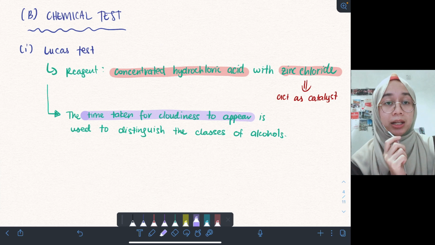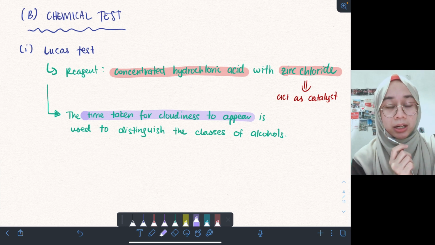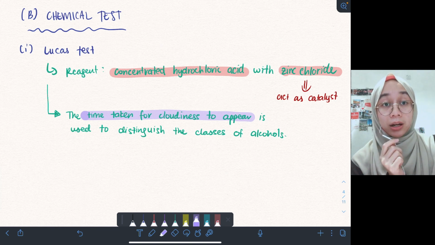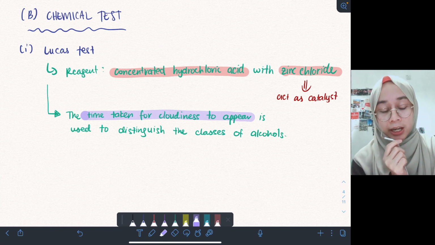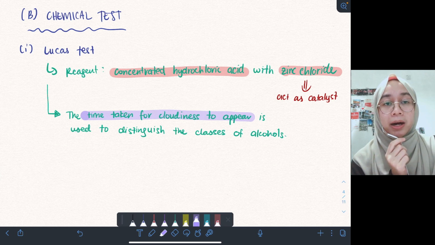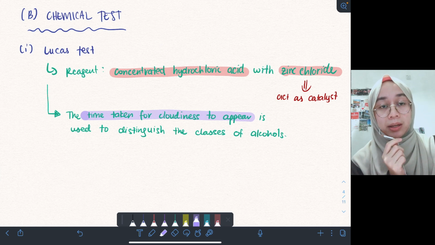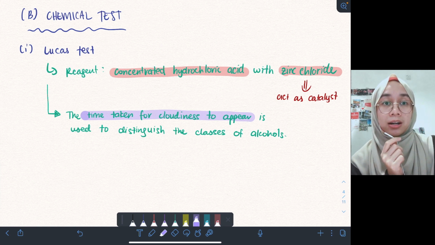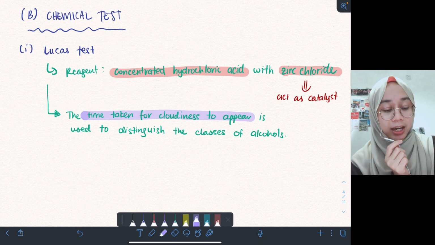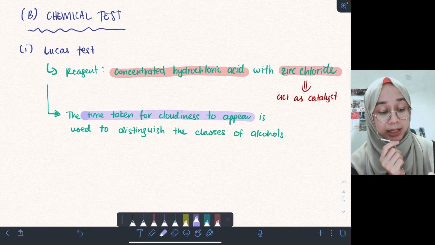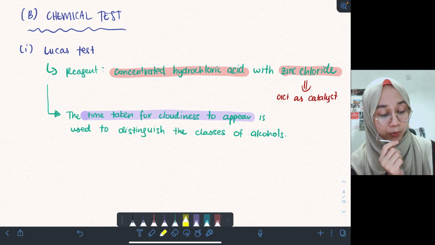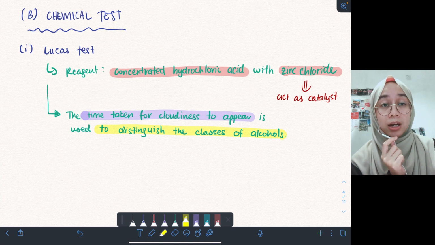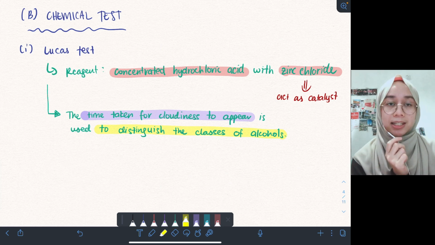So basically kita akan tengok ada cloudy solution ke tidak, and at the same time kita akan tengok berapa lama juga masa yang diambil for the cloudy solution to appear. Kenapa ada beza pula in terms of time taken ni, because lain classes of alcohol, lain dia punya masa yang diperlukan. So that is why the purpose of the Lucas test is basically to distinguish the classes of alcohol. Yang warna kuning tu, itu adalah untuk dia punya purpose lah, purpose Lucas test ni sebenarnya.